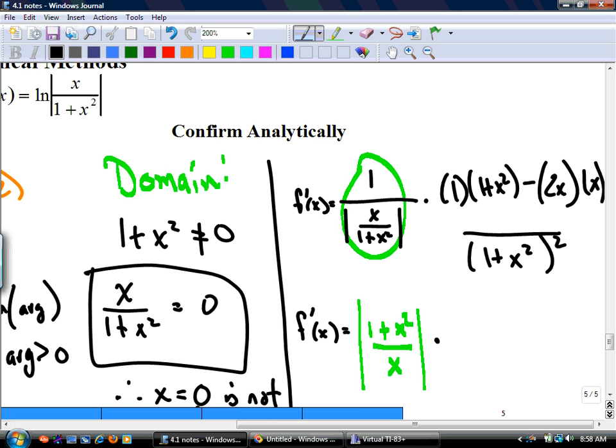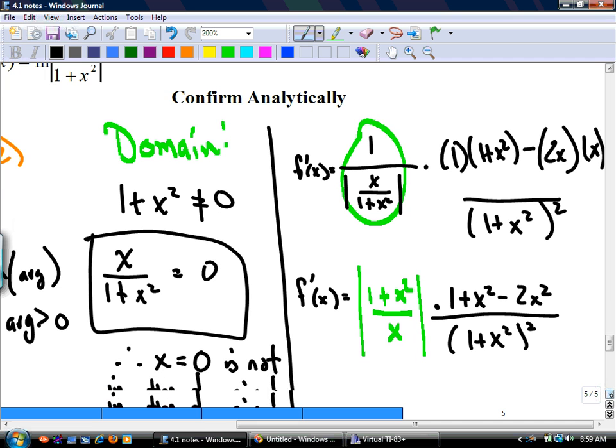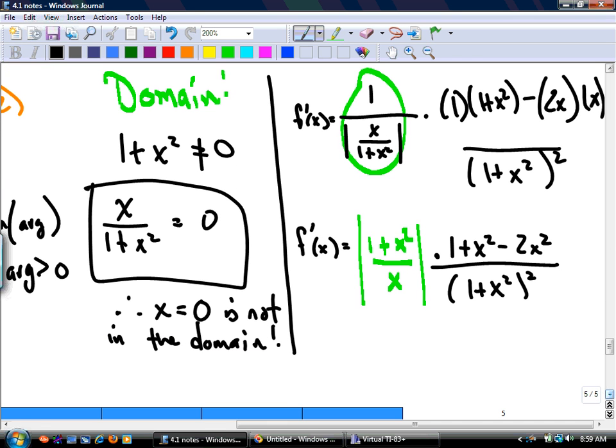And then clean up the numerator of the multiplication statement. So 1 plus x squared minus 2x squared, all over 1 plus x squared squared. Clean it up a little bit more.